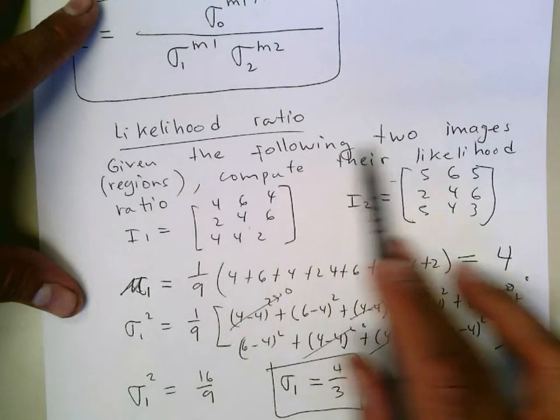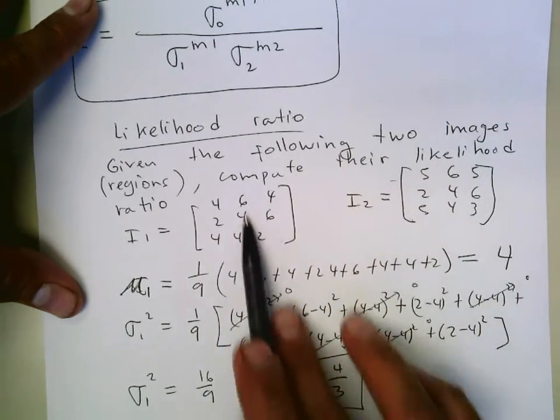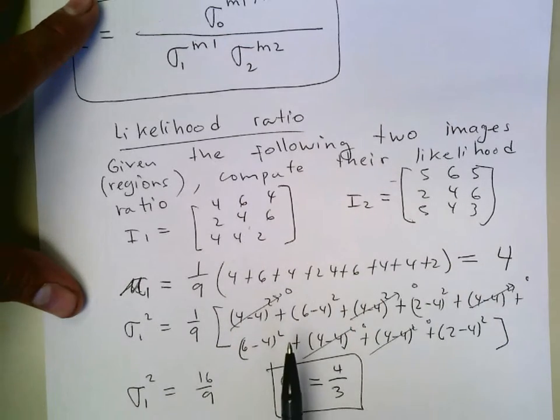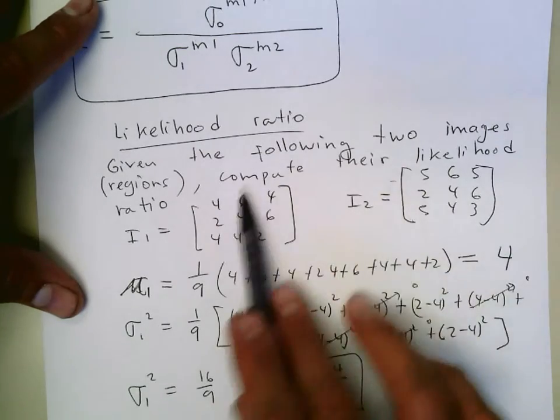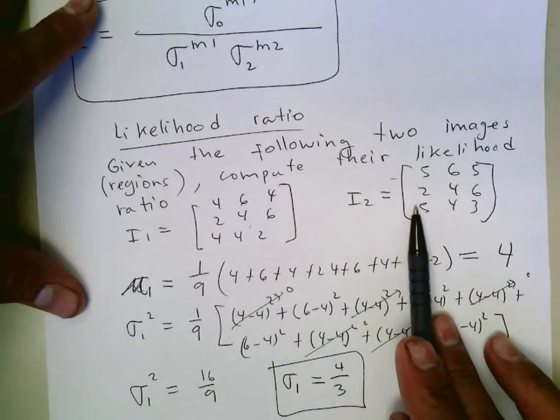I get the mean of those 18 numbers and then the standard deviation of those numbers, and that will be the one that I call sigma sub 0.